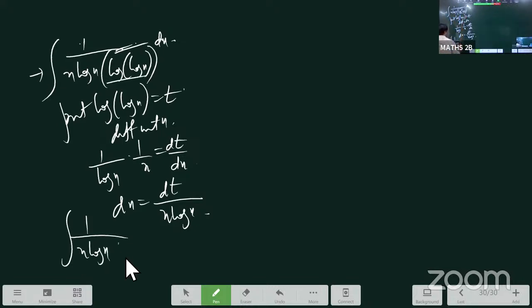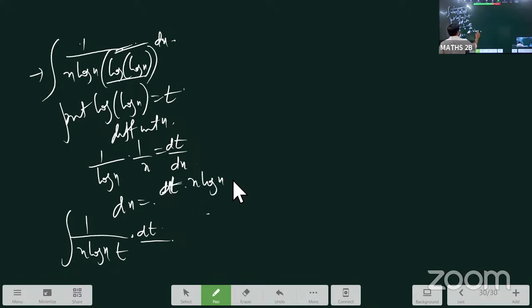This I took it as t, and dx is dt by x log x, so this comes to numerator, dt, that is x log x. Now x log x gets cancelled. Now what is left out?